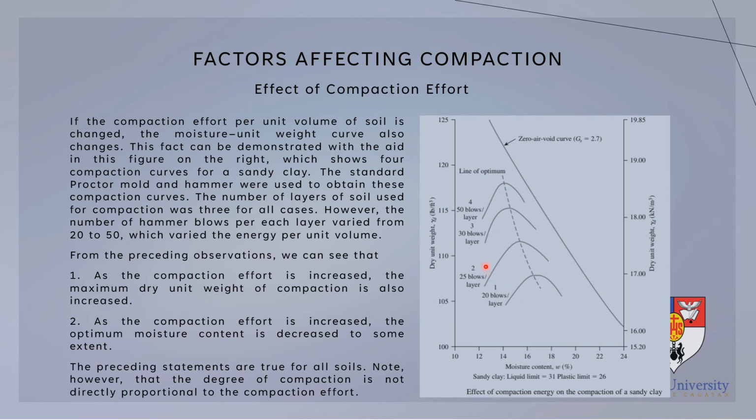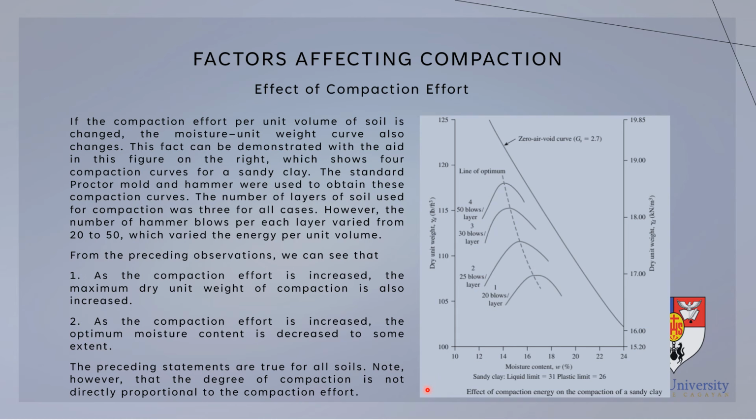That's why, depending on the compaction energy, if our compaction energy increases, the value for our dry unit weight also increases. So, the stronger the energy, the more compact the soil becomes. That is the rationale behind it, no? As the compaction effort is increased, the optimum moisture content is decreased to some extent.